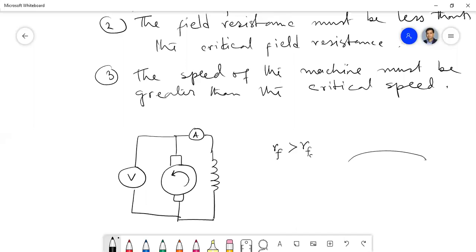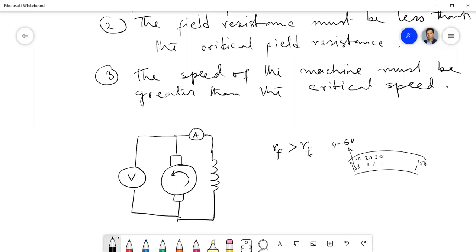Now whenever you see the voltmeter, suppose it's a 150 volt voltmeter in steps of 10, suppose 10, 20, 30 like this. Initially, due to the residual flux, the indication it gives when it rotates is around 6 volts.